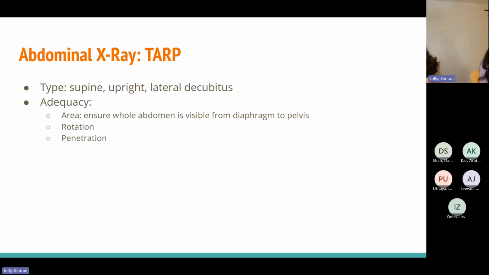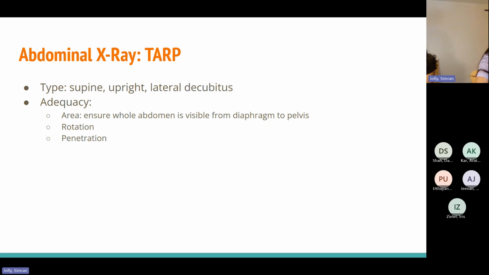Okay, next is with any X-ray, it's just good to have a systematic approach just to make sure that you're covering everything that's on the mark schemes. So TARP is something that we use for abdominal X-rays. So T is for the type, and that is the position of the patient when the X-ray was taken. So either supine, upright, or lateral decubitus.